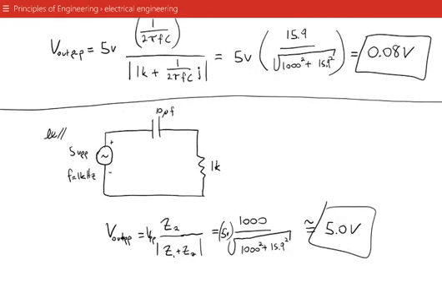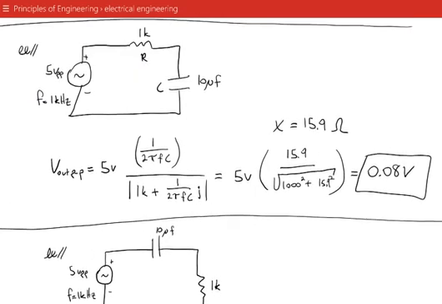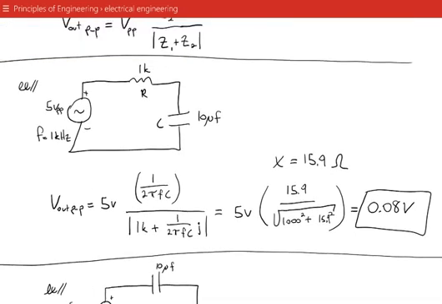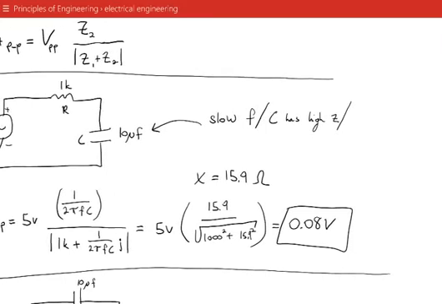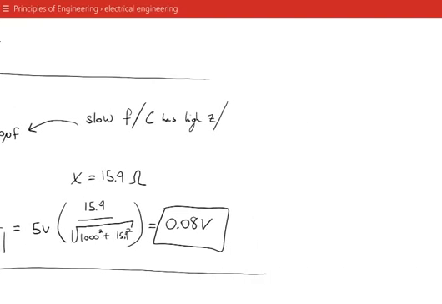So in this situation, if the frequency is very slow, then the capacitor will have a high impedance, which means most of the voltage drop will be across the capacitor.